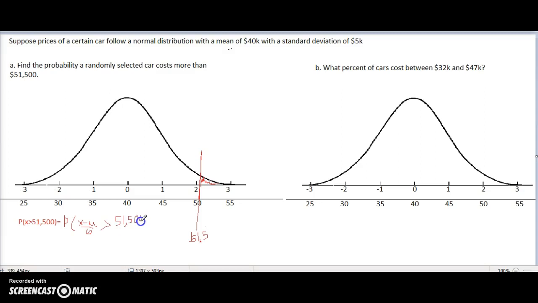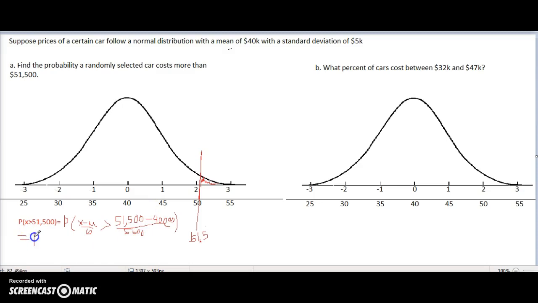That's our x. So we're just getting everything from this formula. And our mu is given, that's 40,000, so minus 40,000, divided by our standard deviation, which is 5,000. So 5,000. Okay, so this whole thing equals 2.3.